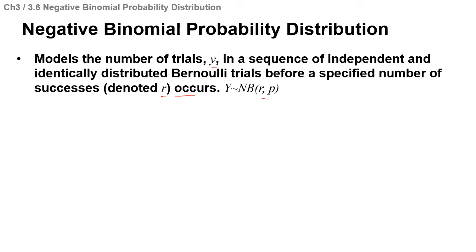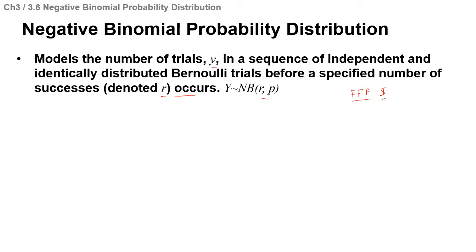So in the geometric distribution, it's the number of trials before we get the first success. So in the geometric distribution, we get failures, and then at last we get a success.